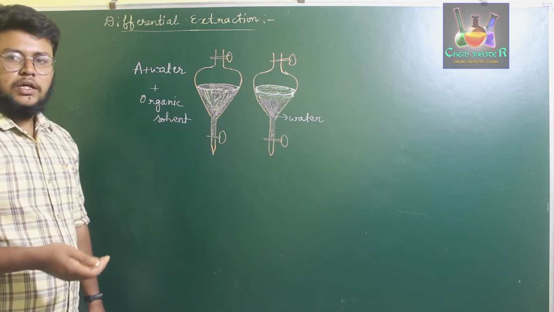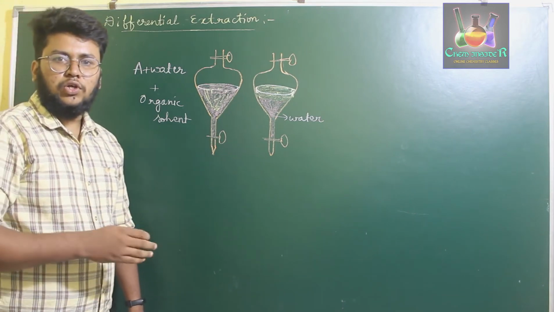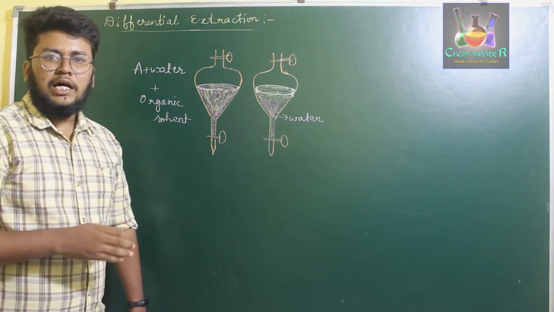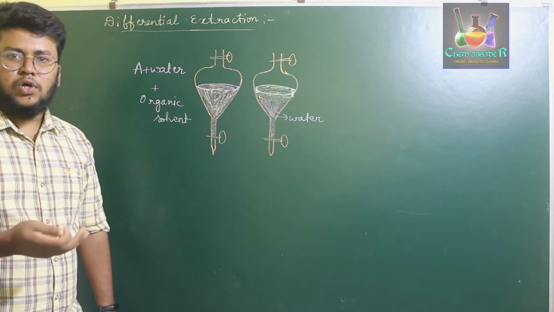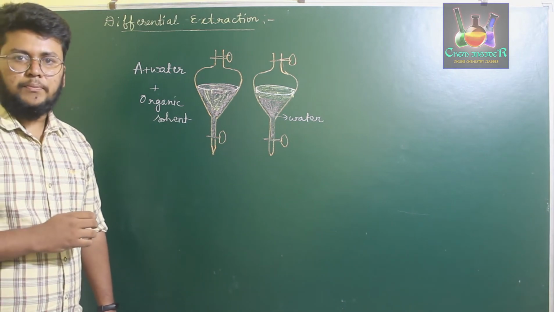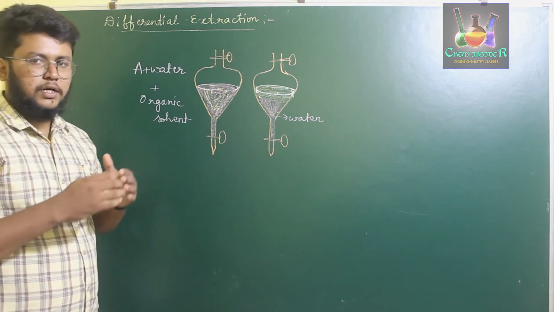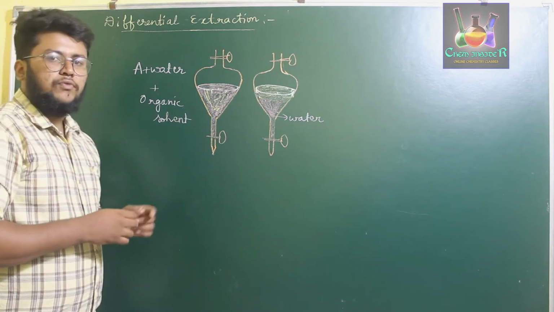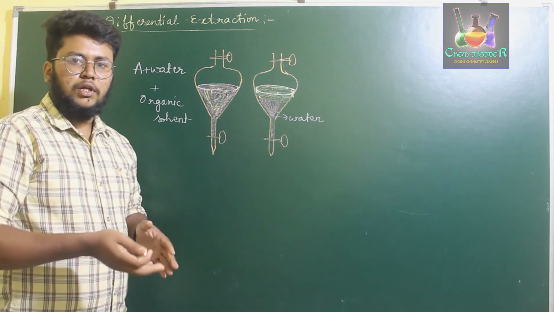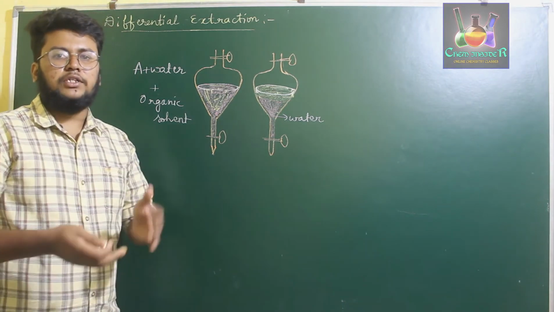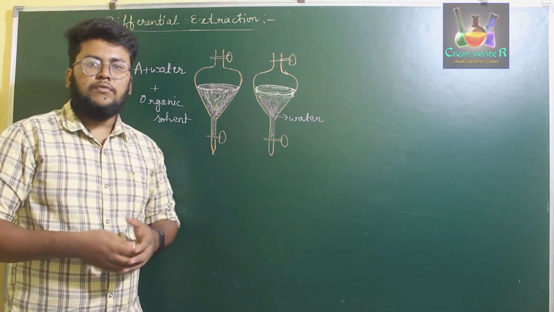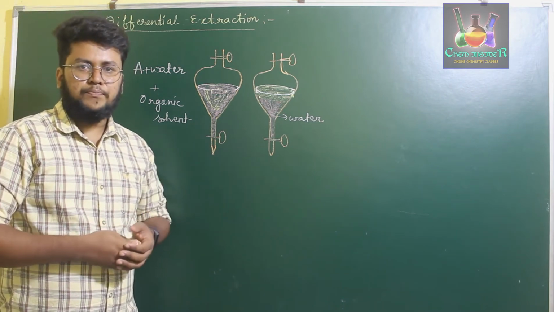Later we add some more of the organic solvent, stir it again, and remove the excess of unwanted solvent present in the separating funnel. Once you have completely separated the unwanted solvent, we take the mixture of organic solute dissolved in the organic solvent and do a fractional distillation. Thus we can obtain a purified component of the organic compound.